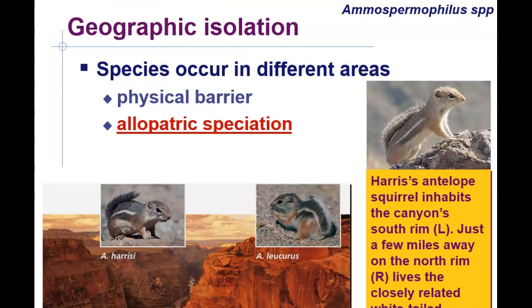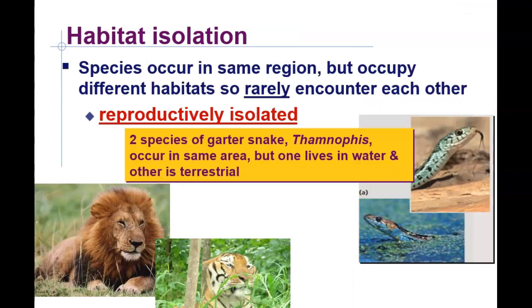So again, geographic isolation is this idea that species occur in different areas. For example, these two species of squirrel were separated by the two sides of the Grand Canyon, and this physical separation allowed a reproductive barrier to form, and over time they evolved into new species.